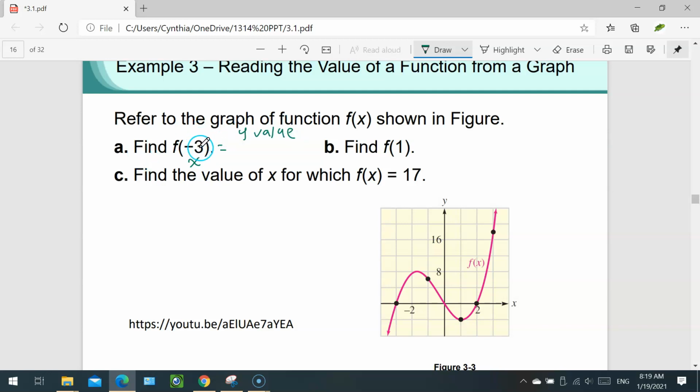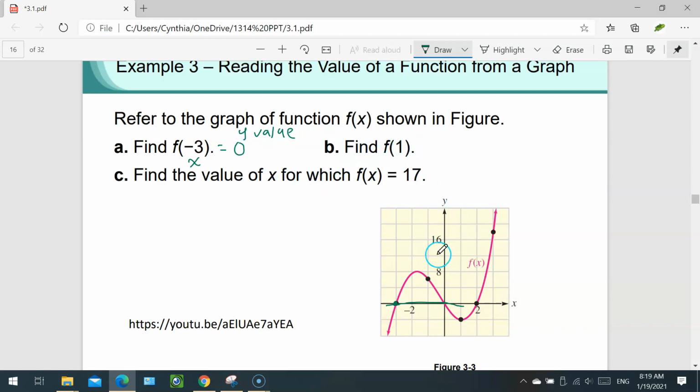So you just simply go find x equals -3, -3 is here. And then you look at the y value. The y value here is 0. So when x equals -3, y is equal to 0.